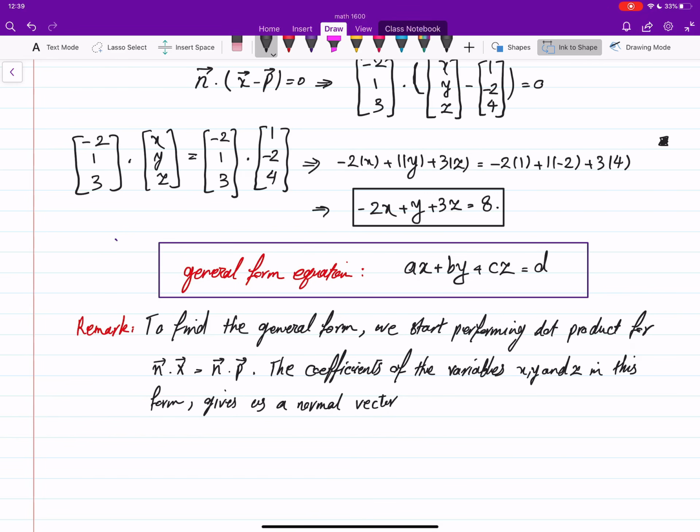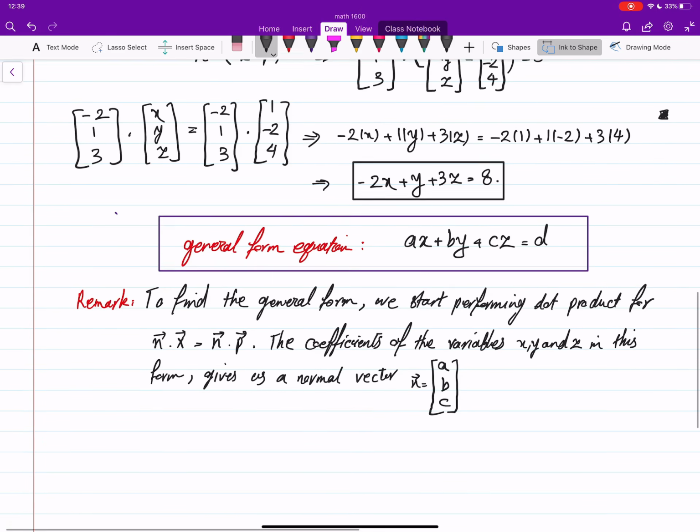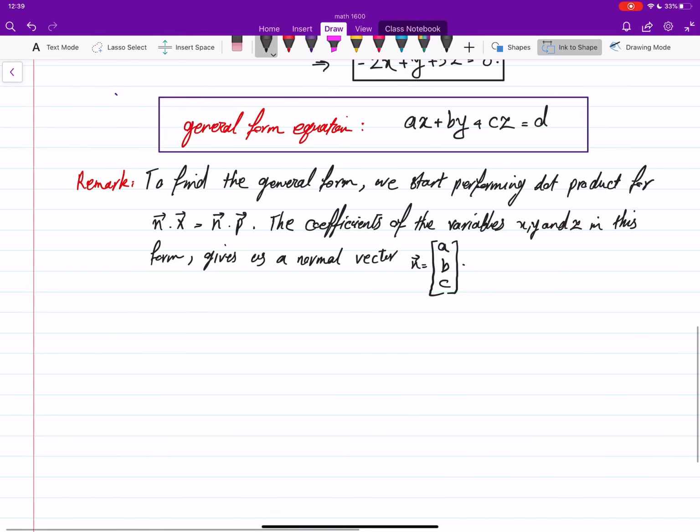In other words, n is going to be: the first component is the coefficient of x, the coefficient of y is the second, and the coefficient of z is the third. And that's how we have these equations. That gives us the two options that we had.